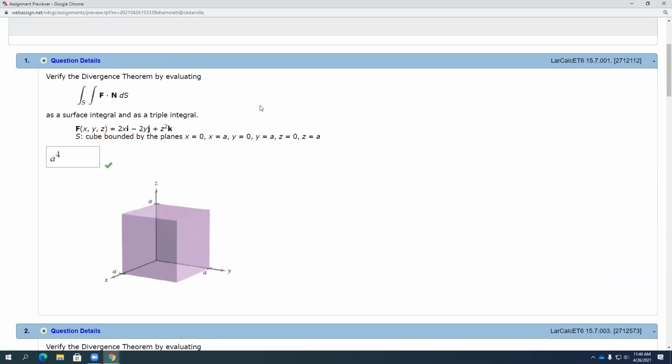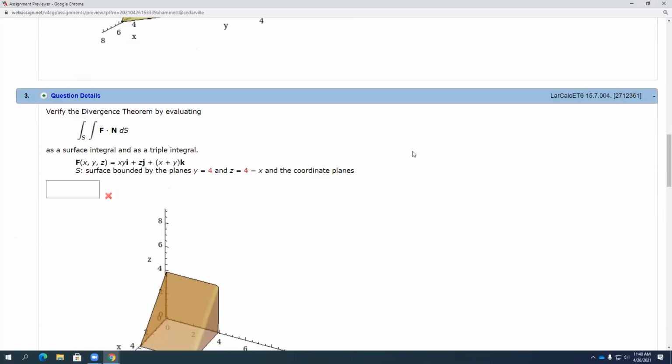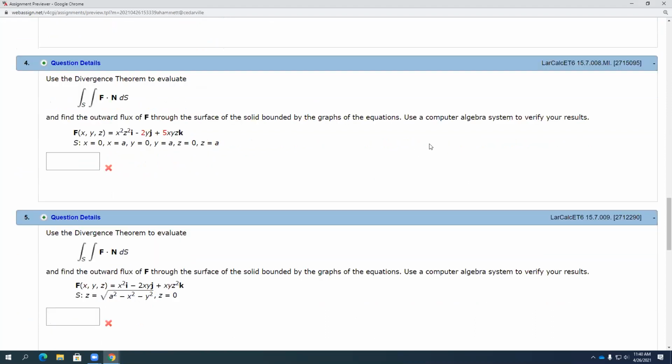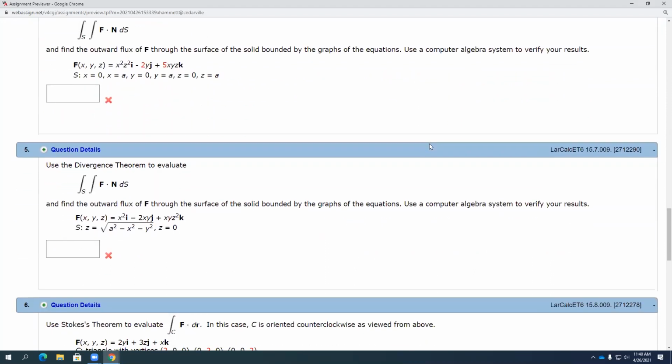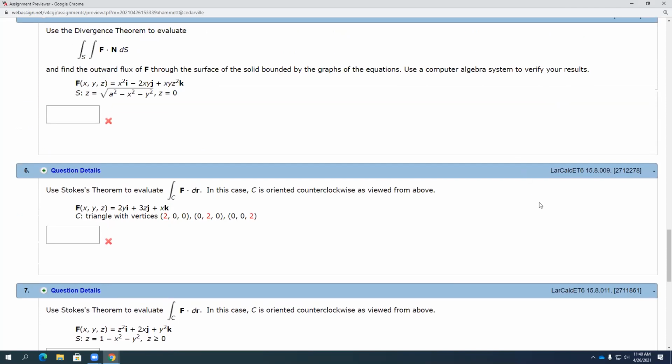There we go. Let's see here. What shall we do? Maybe we'll do one of these. Let's do one of these Stokes theorem applications. So here I have a triangle with vertices 2, 0, 0, 0, 2, 0, and 0, 0, 2.